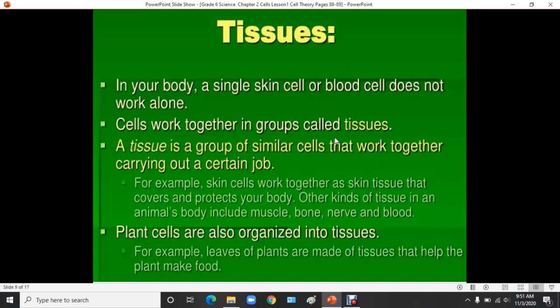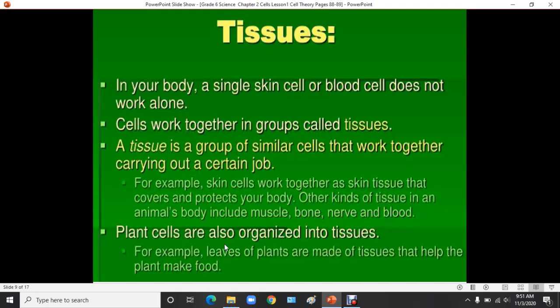In other words, a tissue is a group of similar cells that work together carrying out a certain function, a particular job. For example, skin cells work together as skin tissue that covers and protects our body. Other kinds of tissue in an animal's body include muscle, bone, nerve and blood.